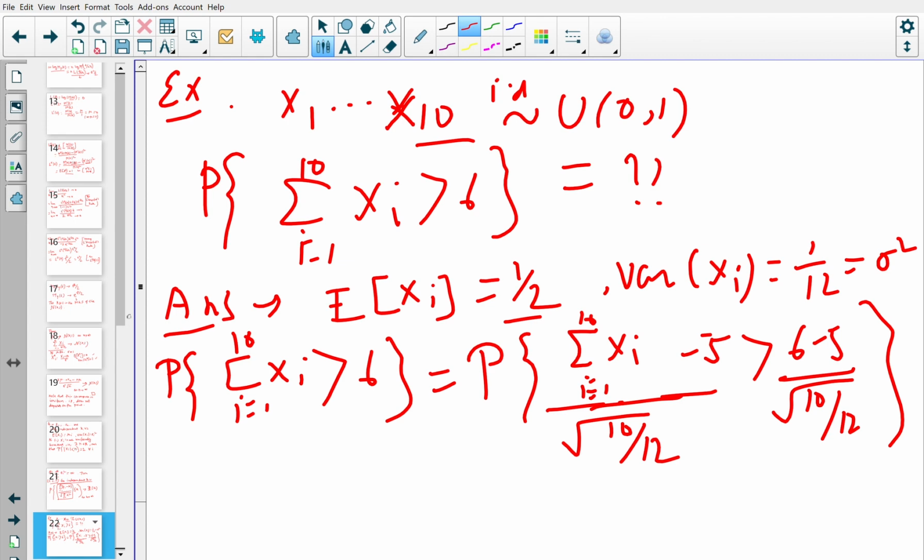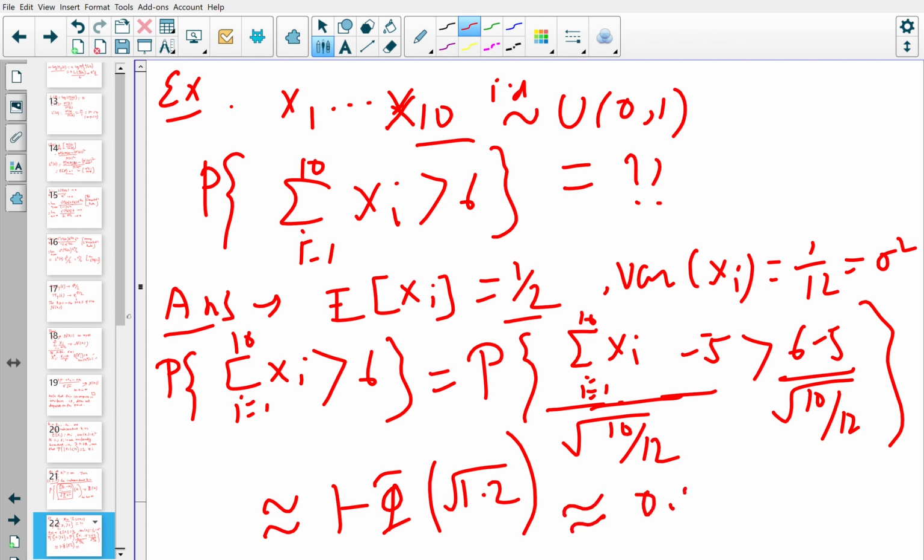So that means this quantity is approximately converging to, this portion is 1 minus the probability that it is less than this. So this is 1 minus phi of 1 divided by root of something, about 1 point something, right? Whatever that is, this quantity is approximately 0 point something, which you can find from the standard normal chart, the Z chart.